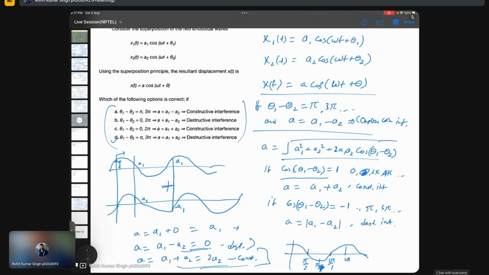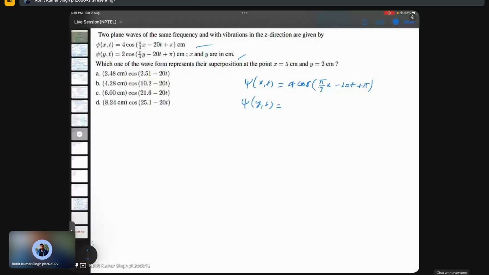The first is 4 cos of pi by 3 x minus 20t plus pi, and the second one is going in the y direction, with 20t plus pi.